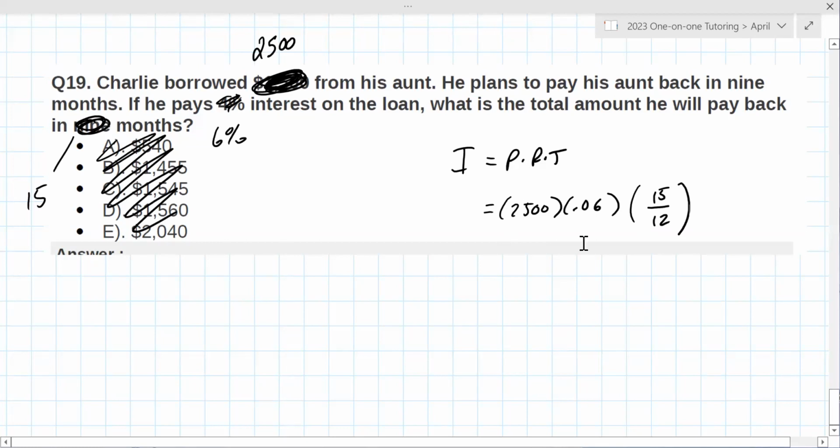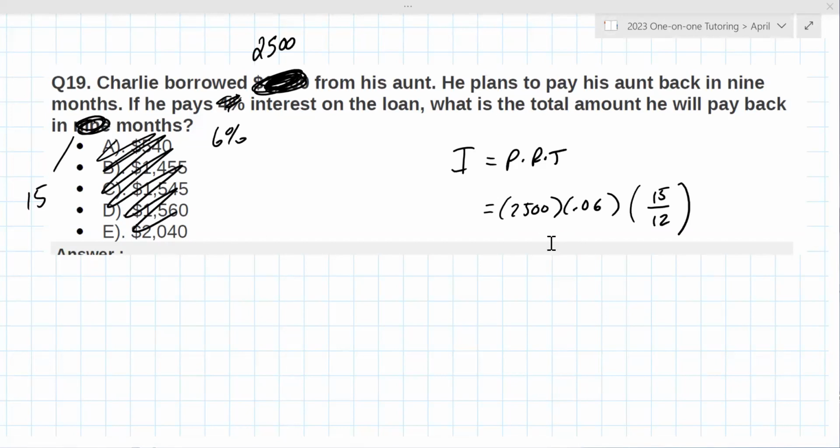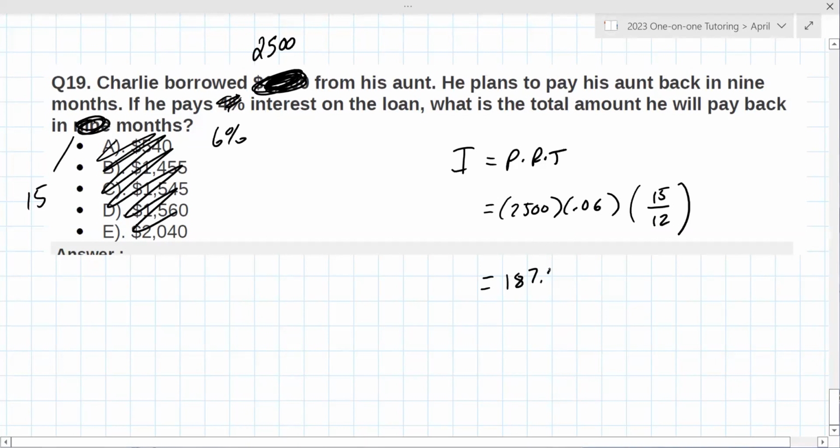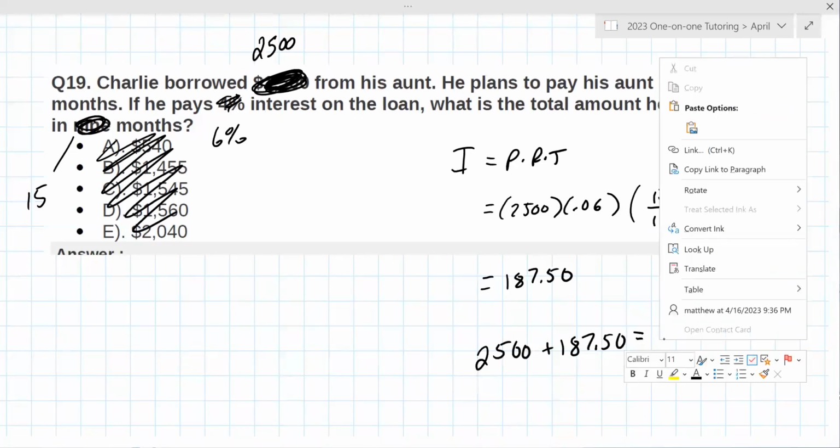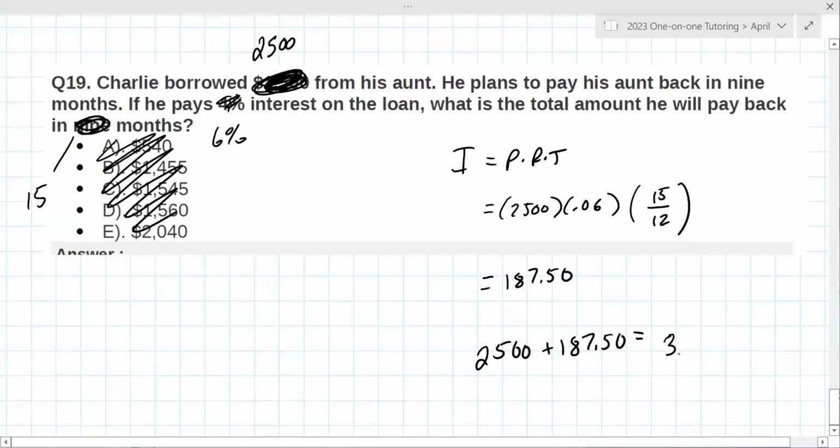Then you add to it, but that's the whole thing. Oh, I've got a different, no, I mixed up the 12 and 15 because the 5 and 2 look alike. I put the 12 on the top. Okay. So go ahead. It'd be 187.5, and then you would add the original to it again. That's right. Oh, that didn't work right on the calculator. It's okay. I mean, this would be multiple choice. So it'd be 2687.50.